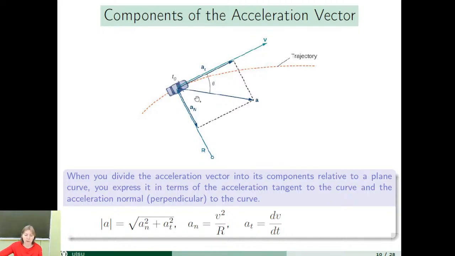This component is tangent and the normal, at this point of the trajectory, and there are expressions for the normal component, the tangent component, and for the acceleration.